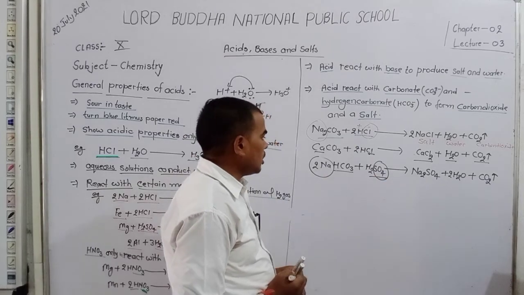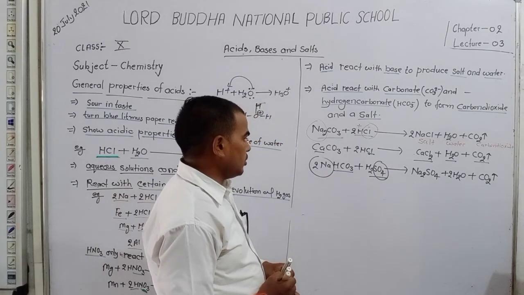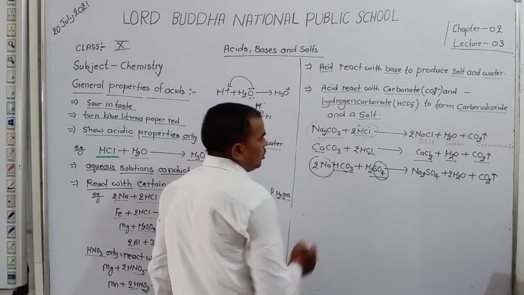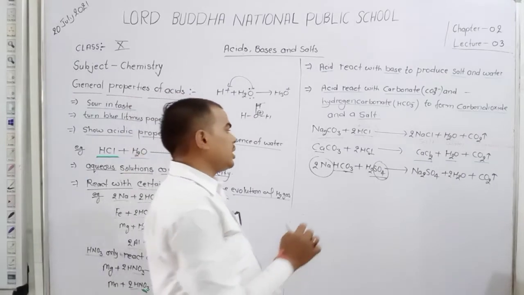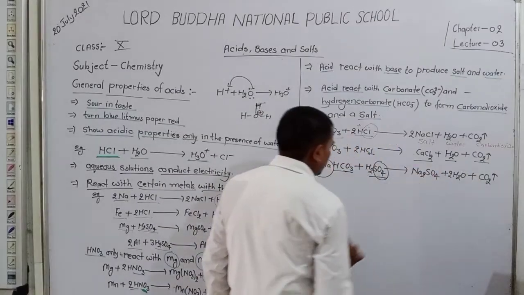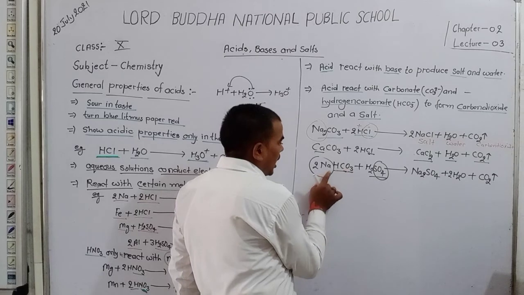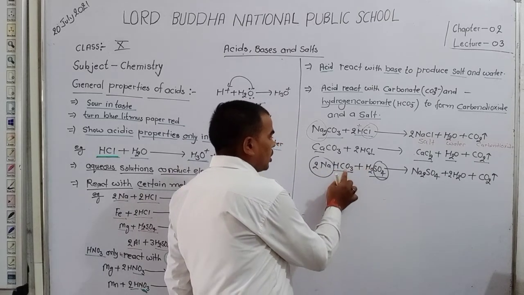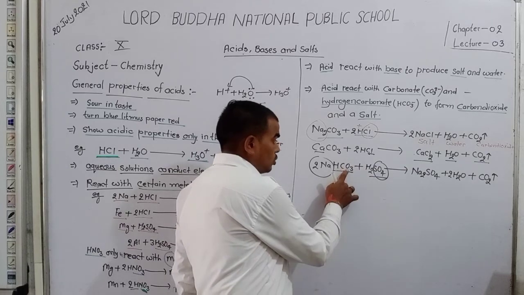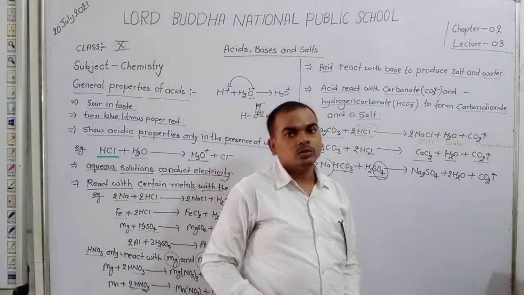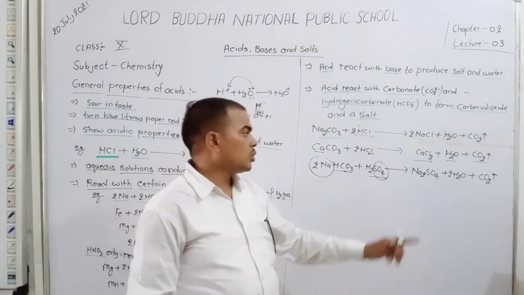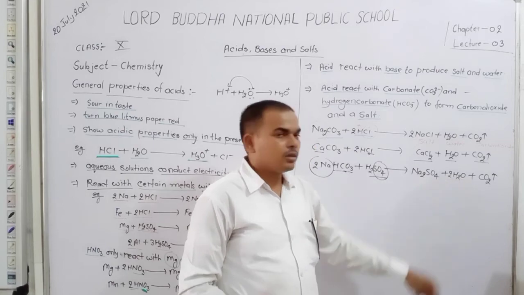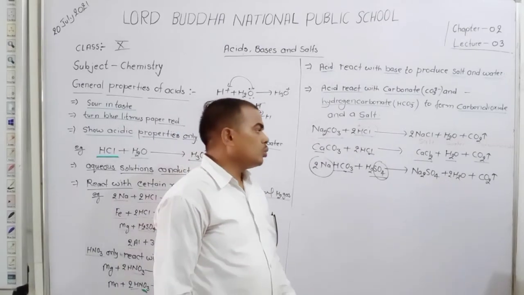And from the remaining part of this compound, from CO3 carbon dioxide is released, and 1 oxygen here and 2 hydrogen here, total number of hydrogen 4 and 2 oxygen, so make 2H2O. Here 4 hydrogen and 2 oxygen make 2H2O.